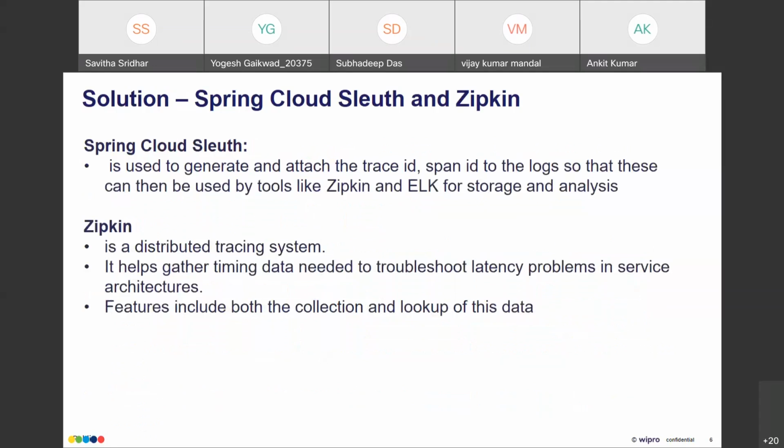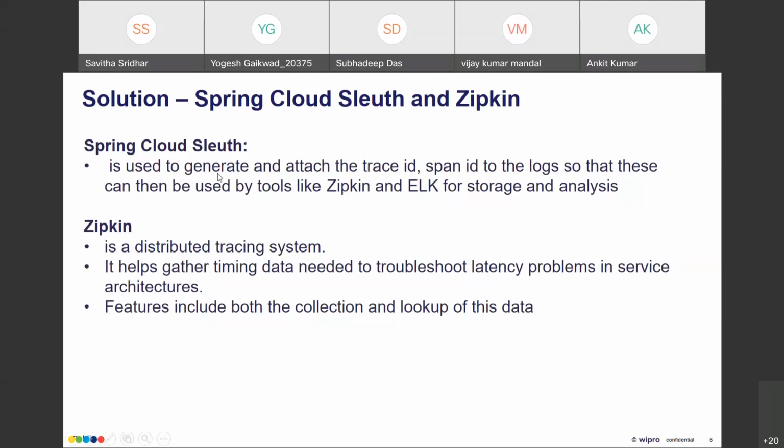Talking a little about the solution that we'll be using for log tracing, we will be using two products, both from Spring Cloud. One is Spring Cloud Sleuth, the other one is Zipkin. Spring Cloud Sleuth is going to help us generate a trace ID or a token.